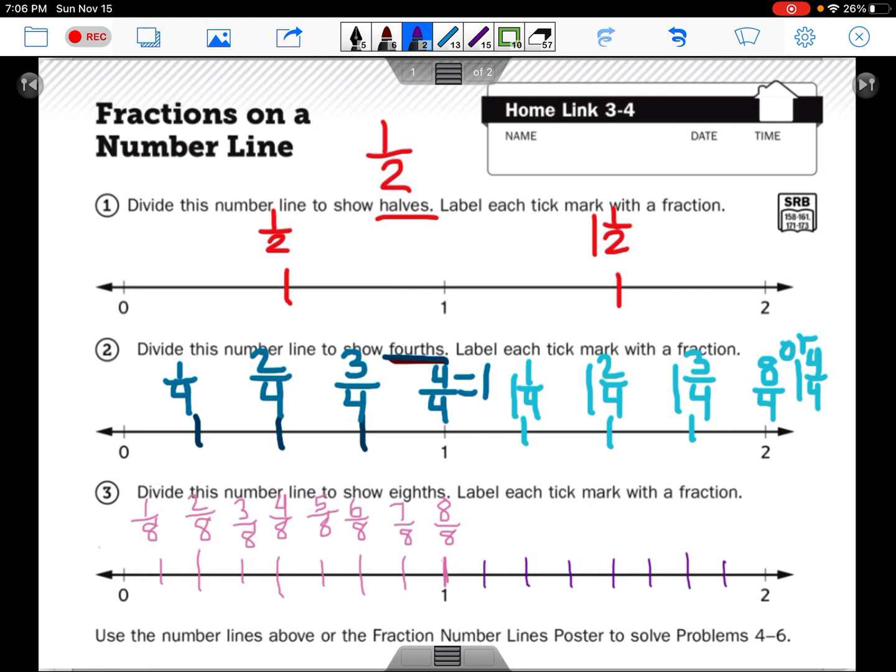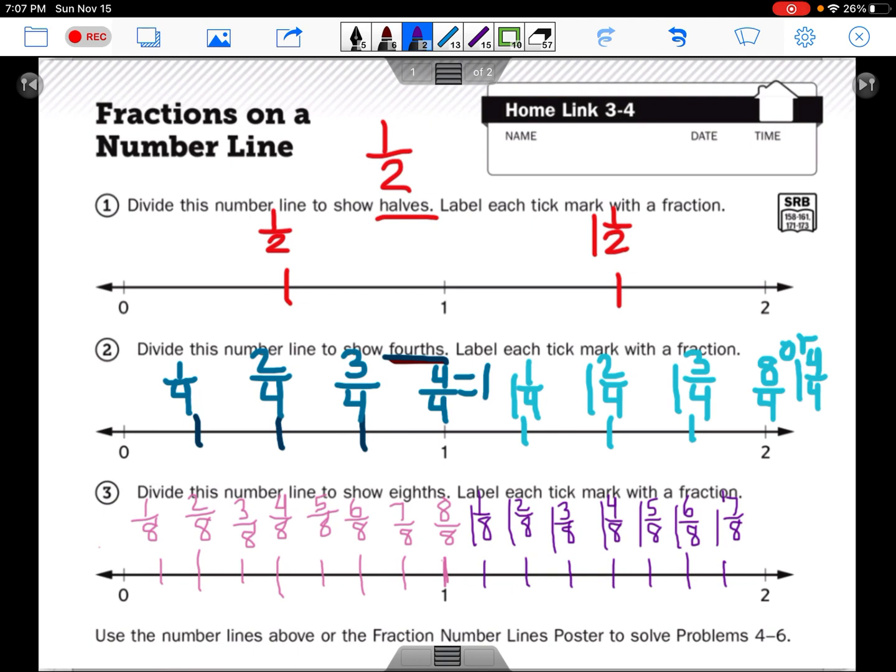Okay, the next thing we're going to do is start labeling 1 1/8. And then we have 1 2/8, 1 3/8, 1 4/8, 1 5/8, 1 6/8, 1 7/8.